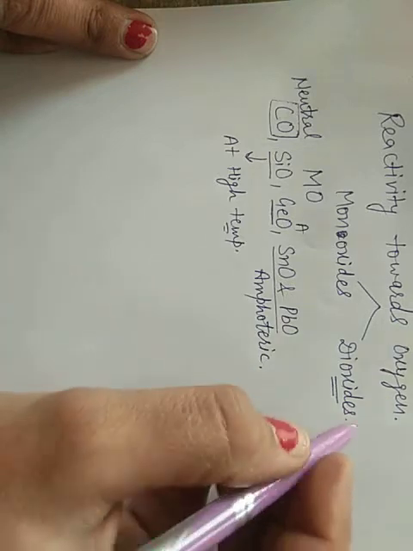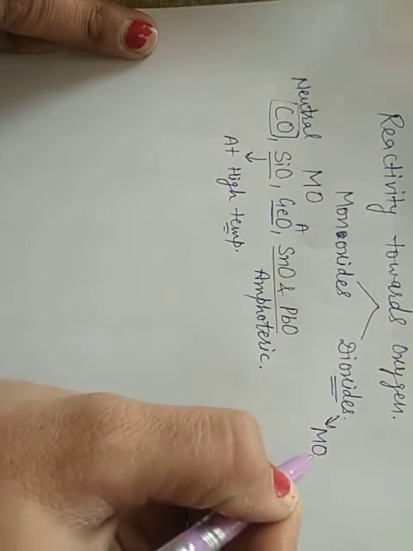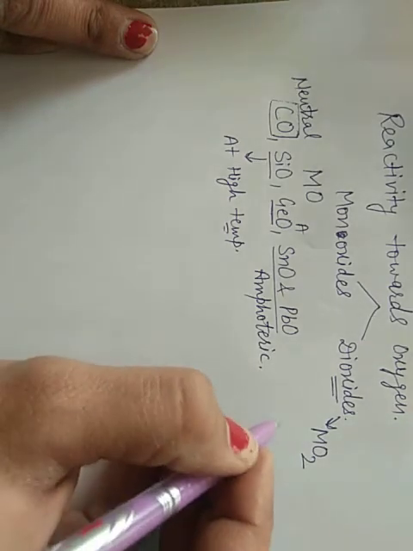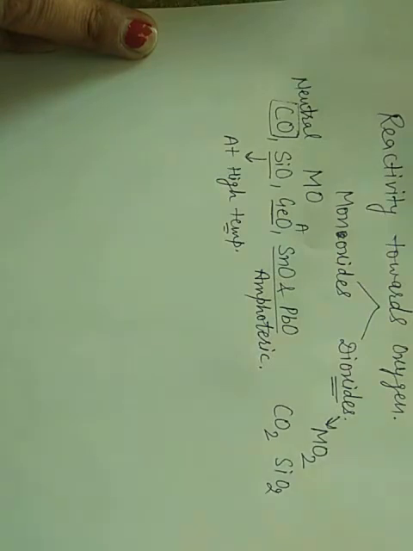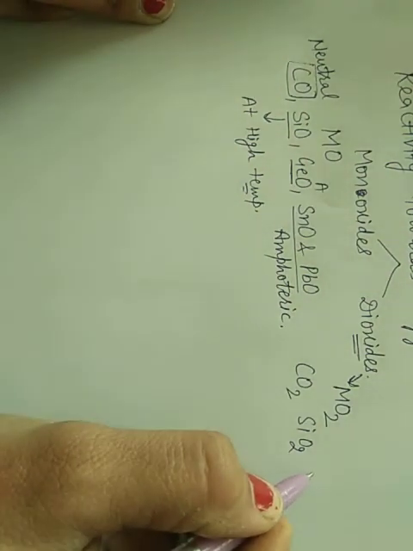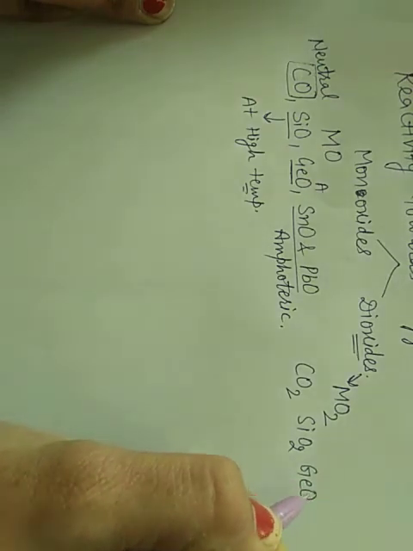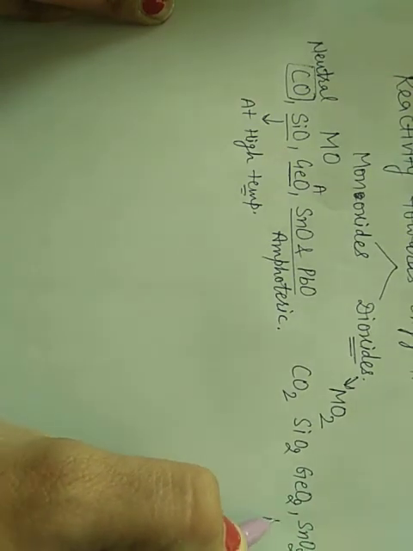Okay. In case of dioxide, the formula is MO2, like CO2, SiO2, GeO2, SnO2, and PbO2.